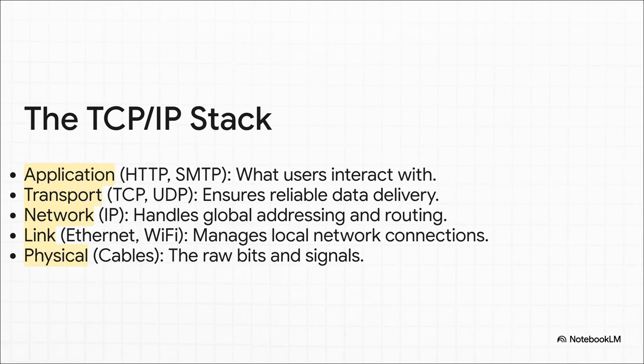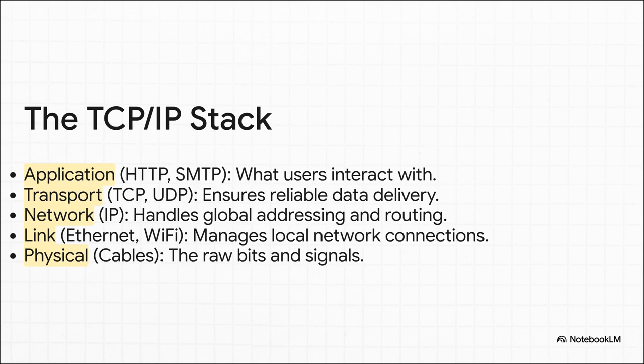What's really fascinating, though, is that these rules aren't just one giant, messy rulebook. They're organized into layers. This is called the TCP/IP stack, and it's really the secret sauce to the internet's power and flexibility. Each layer has a very specific job. Down at the bottom, you have the physical layer, the actual cables and radio waves. Then the link layer handles local traffic, like on your Wi-Fi network.